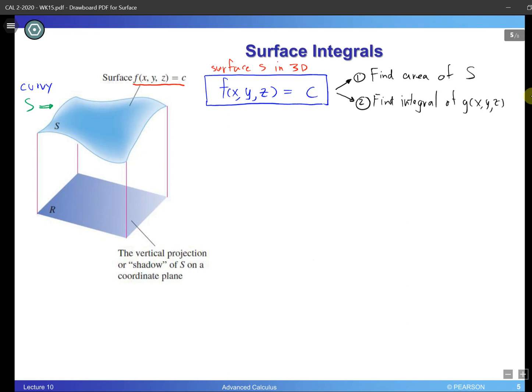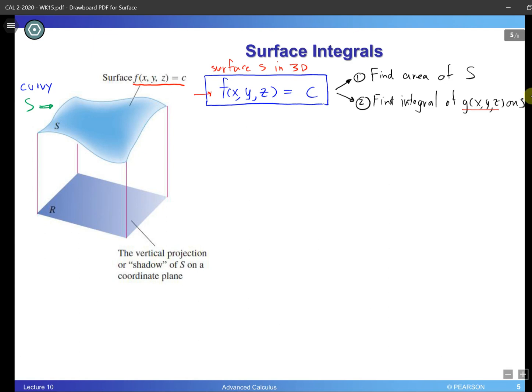Notice that this one is different from this f right here that we have. Alright, any function g on the surface S.